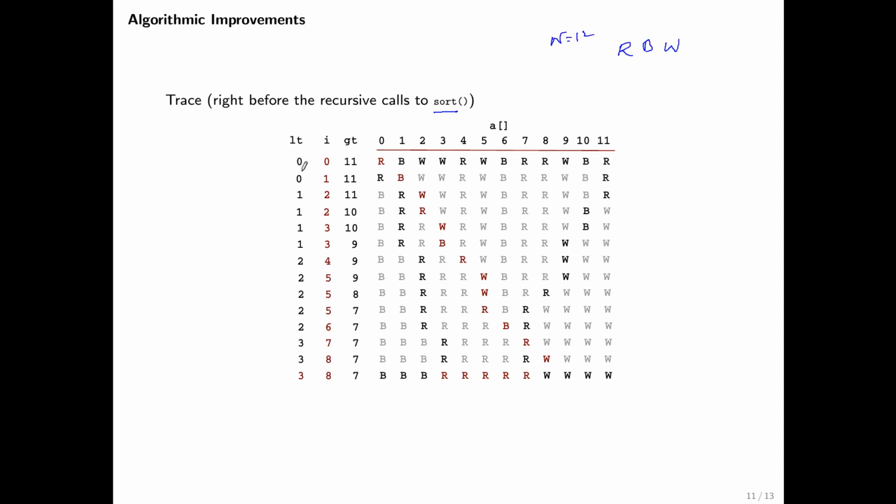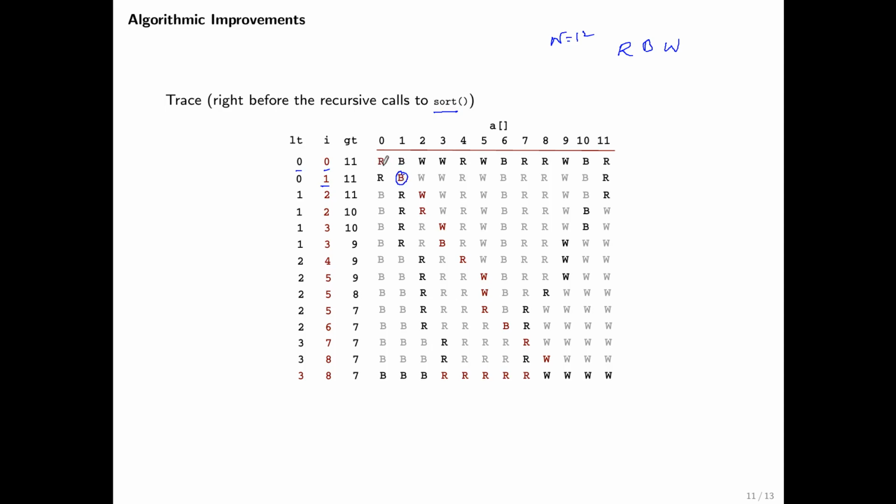LT is at 0 and I is at 0. How do we do the partitioning? We compare A at I, which is R, with the pivot, which is also R. They are the same, so I is simply incremented by 1, so it becomes 1. Now we compare A at I, which is B, with the pivot element.